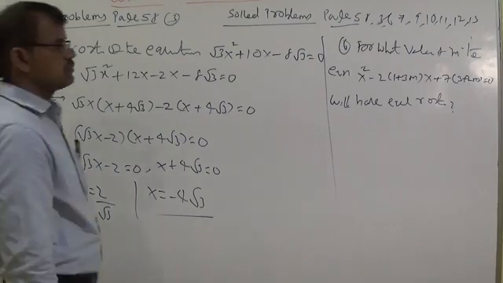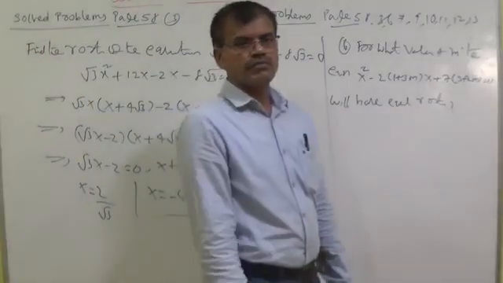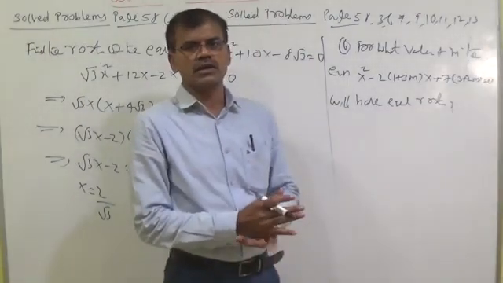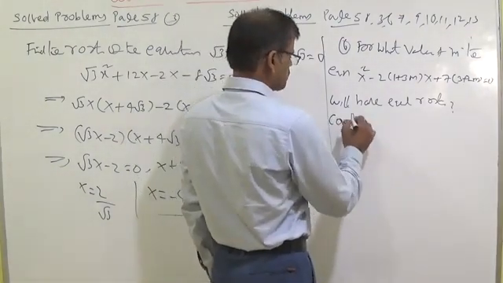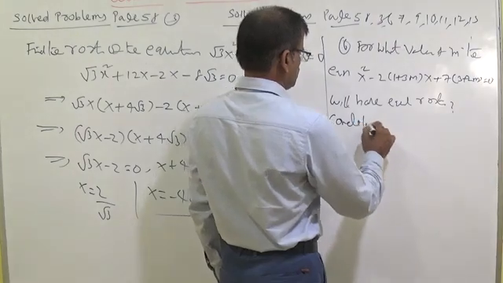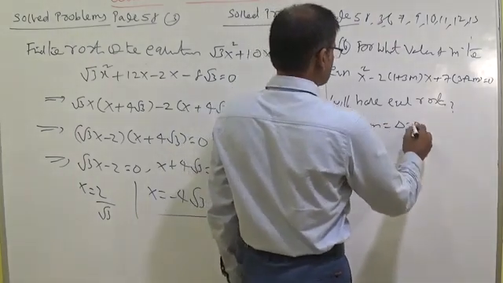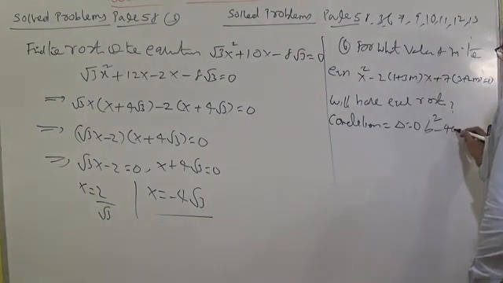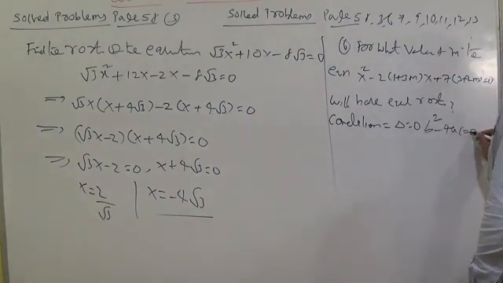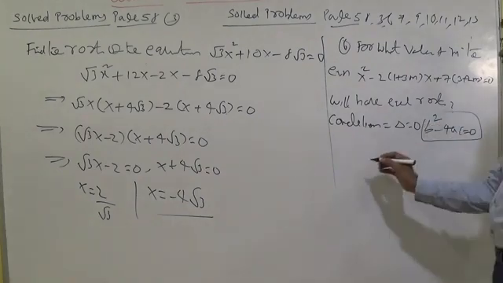We know that the condition of equal roots for a quadratic equation is delta equal to 0. So the condition is delta equal to 0. Delta means b square minus 4ac equal to 0.